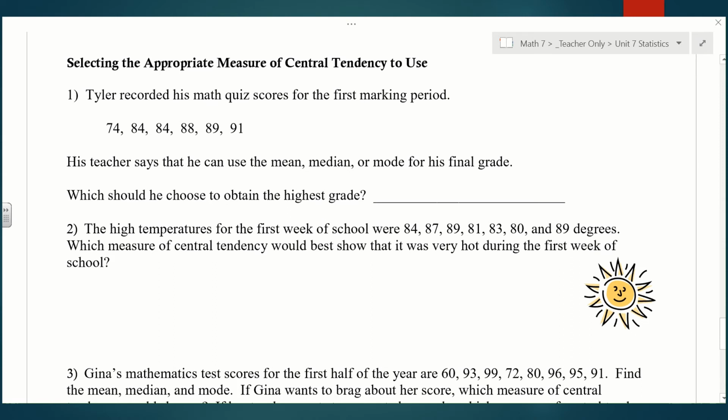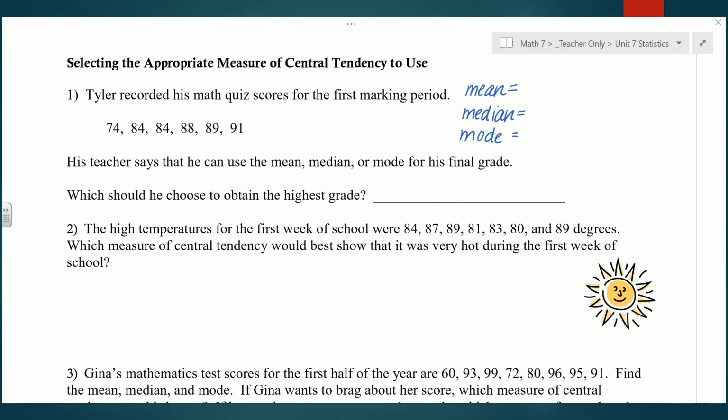So what we want to do is figure out what each one is and then select the one that's the highest. So over here on the side, I'm going to list out my 3 measures of central tendency. Remember, range really is not included unless they specifically say to use it.